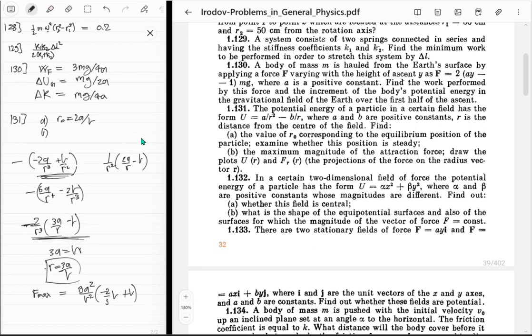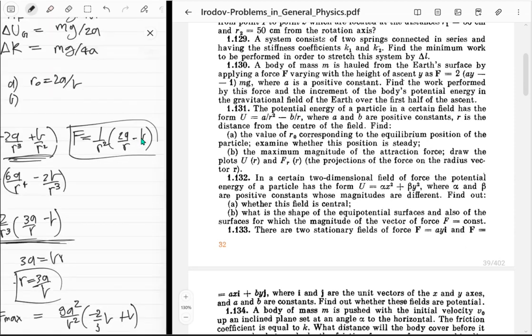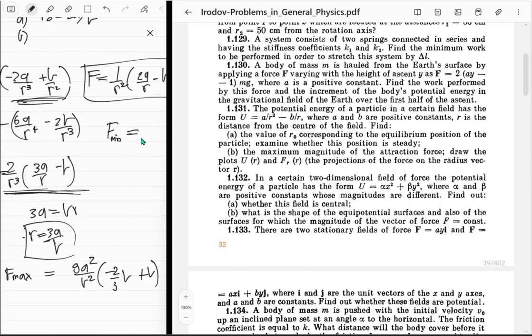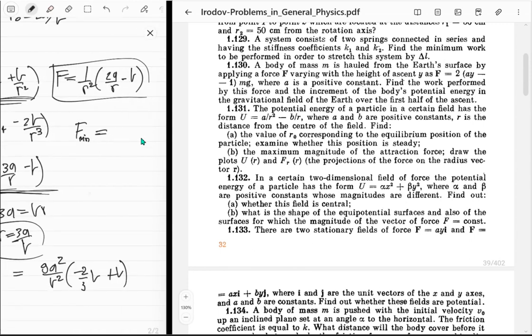So this is our force, right? F is equal to this, and F most attractive, which is like F minimum, is equal to, so you just put 1 upon r squared, so that will be like b squared upon 9a squared. Why is this over here? This makes no sense.